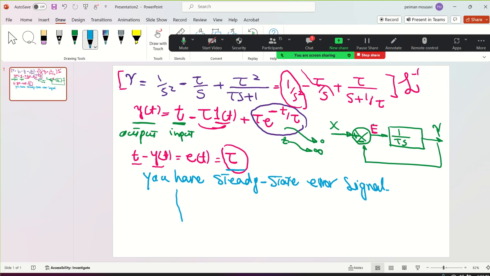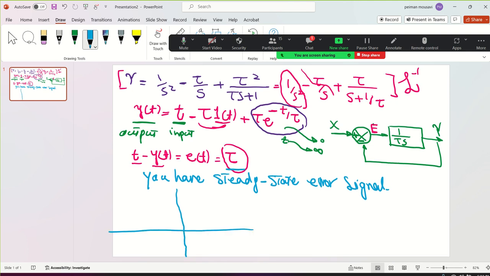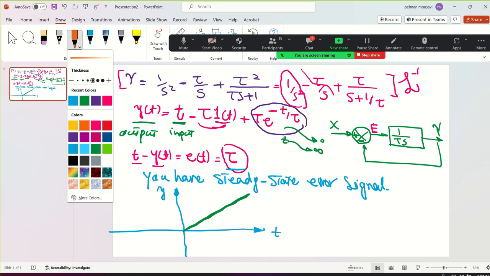So as it promises, if I plot this, y over t, this is the input to the system, ramp. Oh, sorry, I'll change the color. This is the ramp input to the system, and the output is this.